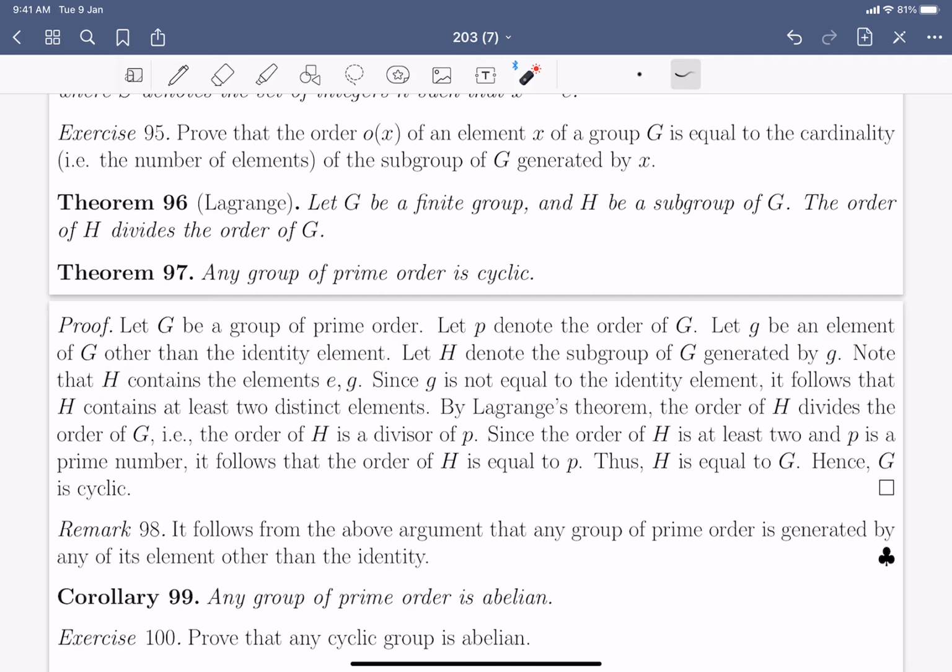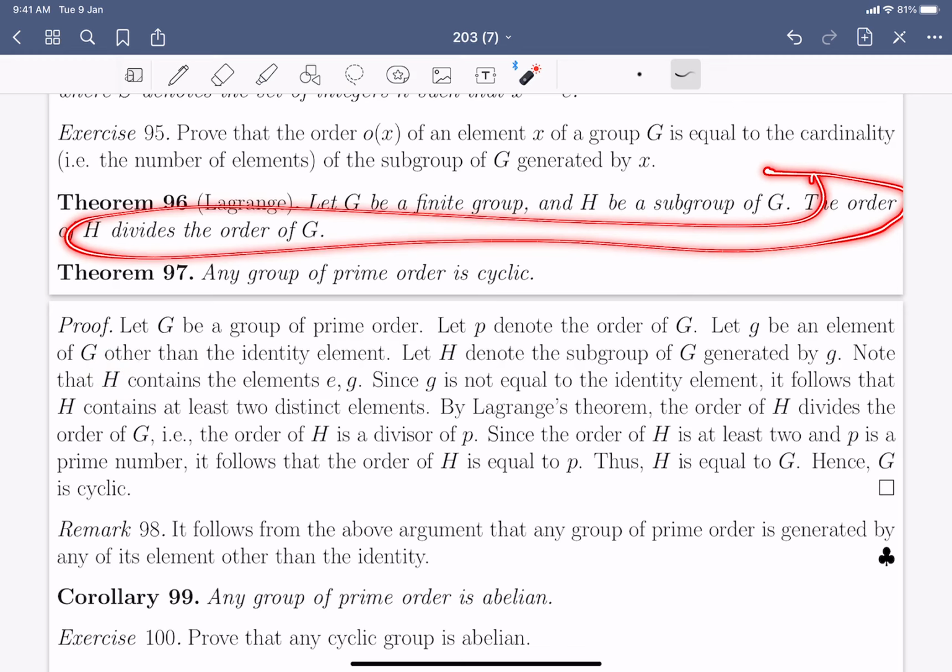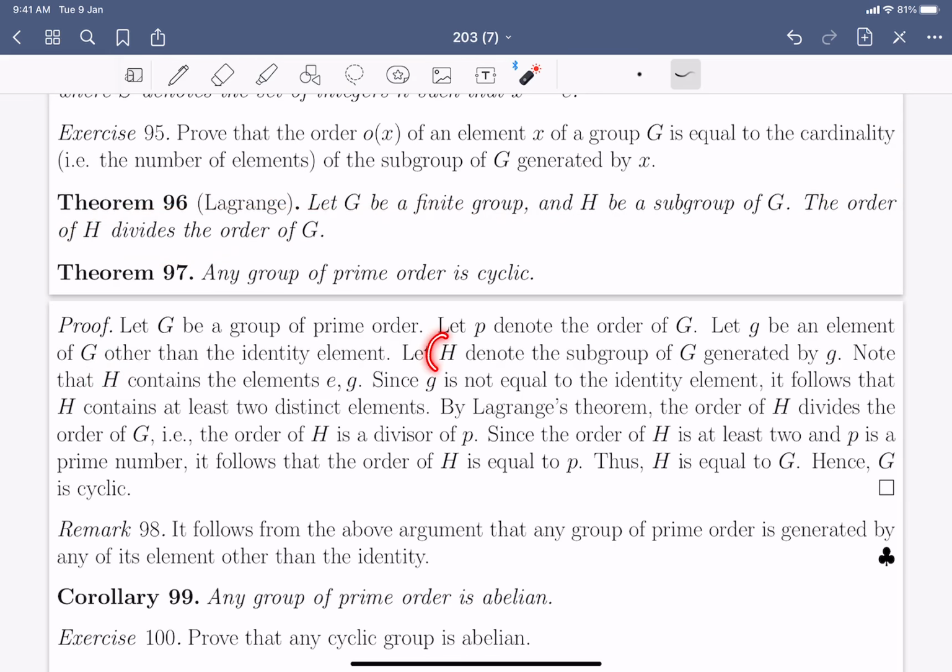Now you know that the order of H has to divide the order of G, which is a prime number. So the order of H divides P, and P has only 2 positive divisors, namely 1 and P. The size of H cannot be 1 because H already contains 2 distinct elements.